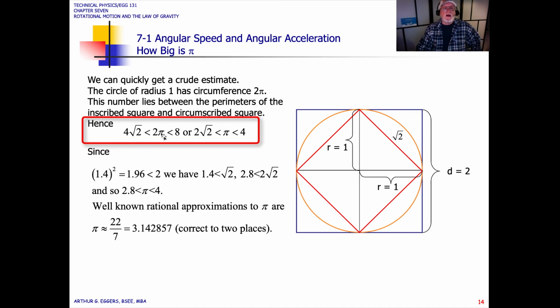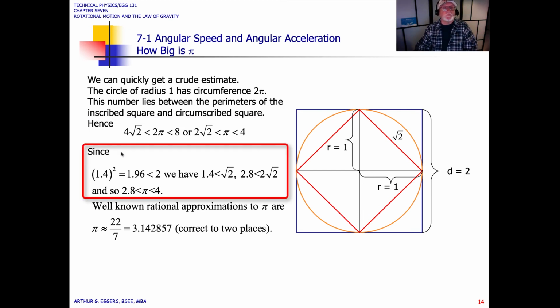So we now have 2 pi being greater than 4 times the square root of 2, or less than 8, since the outer length of each side of the square is 2. So if we try to make it even easier, pi now is greater than 2 times the square root of 2, or less than 4. Okay, so we're making some approximations by setting some boundaries.